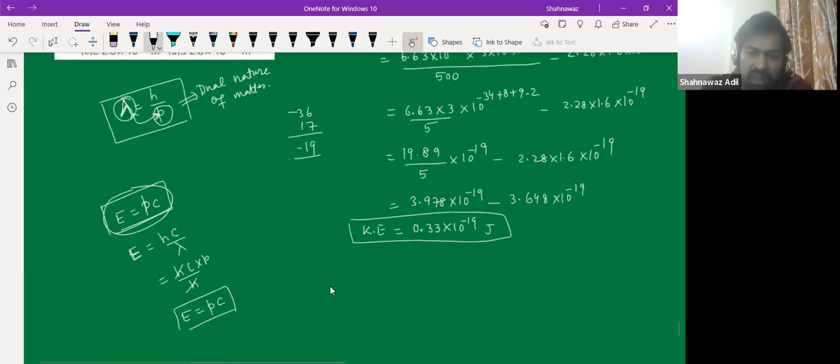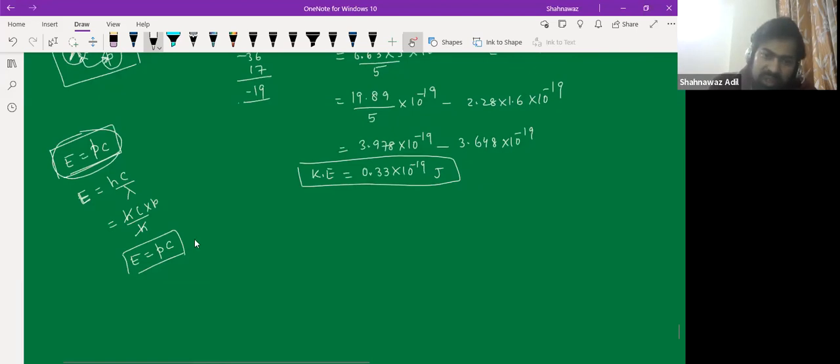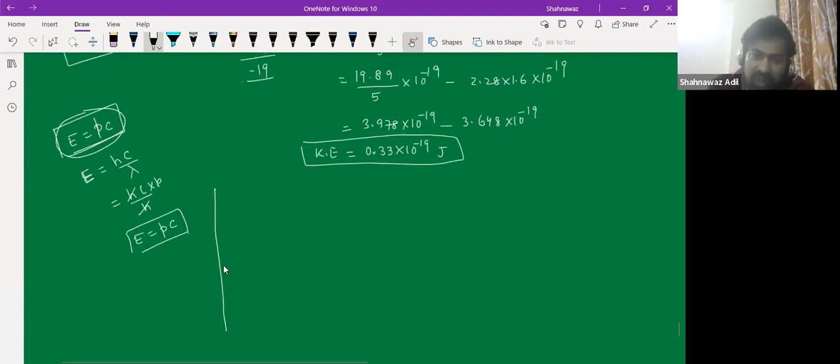I wanted to do this in the next part, but let us understand how we can do that. We know that kinetic energy is half mv square, which we have done already in the CBSE class, and momentum is mass into velocity.